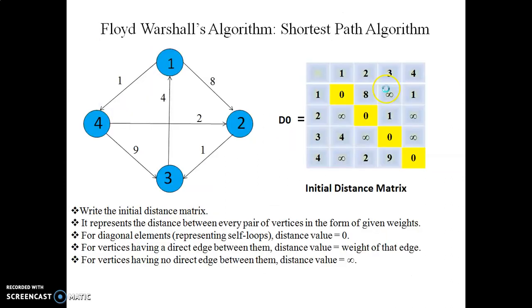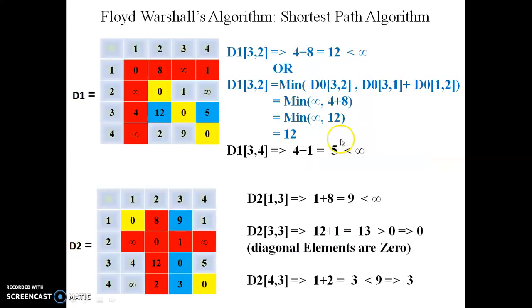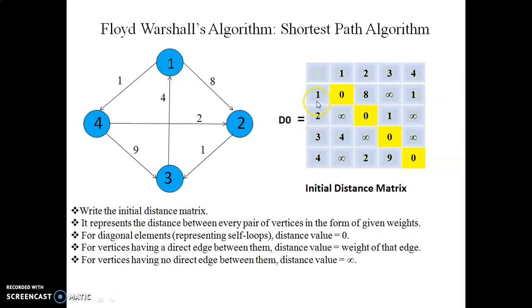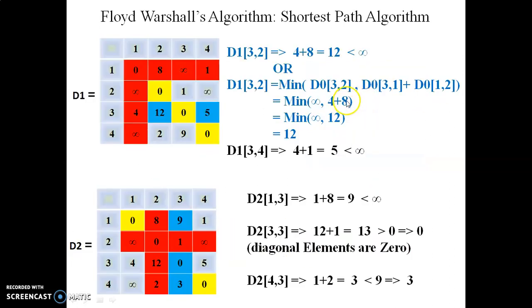Then D naught of 3, 1 is 4, so we write 4 plus D naught of 1, 2, which is 8. Then we obtain the minimum value of infinity and 12, which is 12. So we write 12 in this particular index.